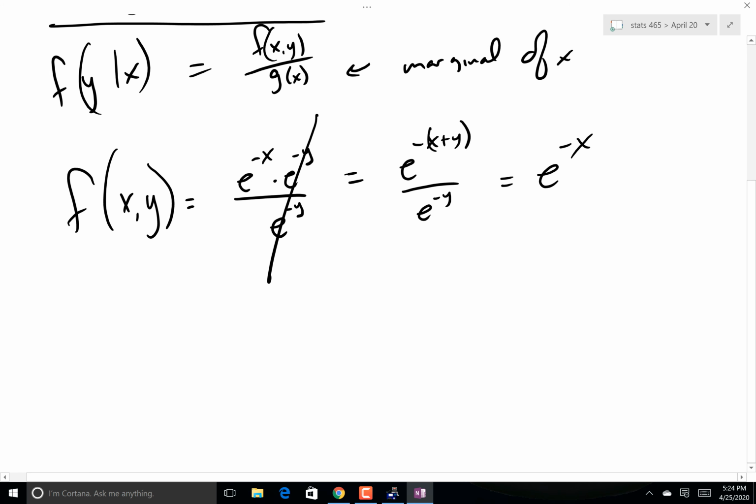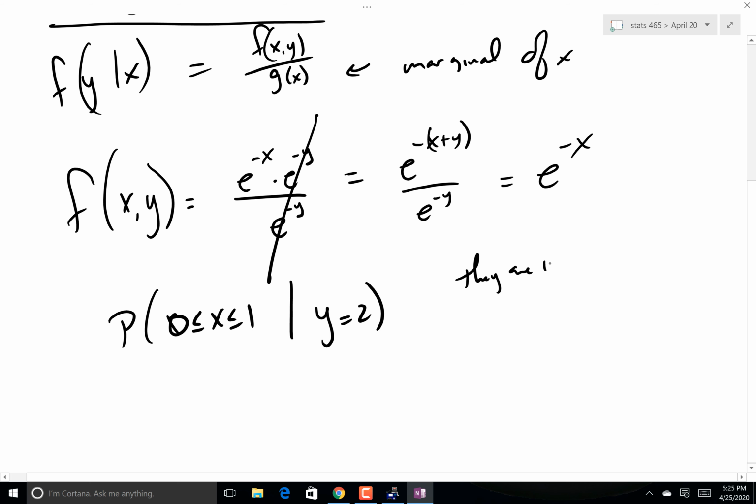The problem for the one that we just did asks this question: what's the probability that x is between 0 and 1, given that y equals 2? They are independent.